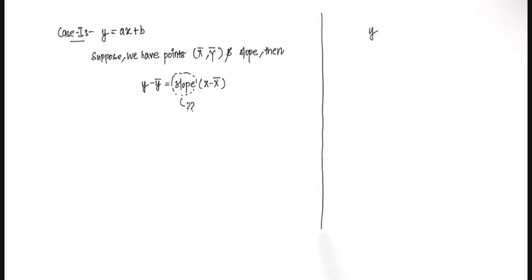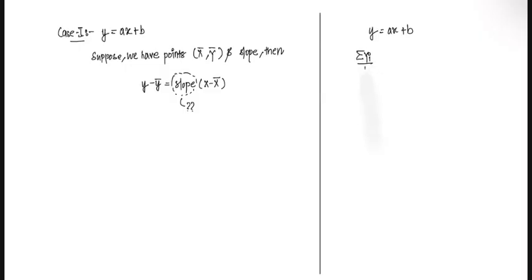Here on this side I will be mentioning how you will be doing it. y equal to ax plus b. So let's take n on both sides and sum the variables, taking the constant out.